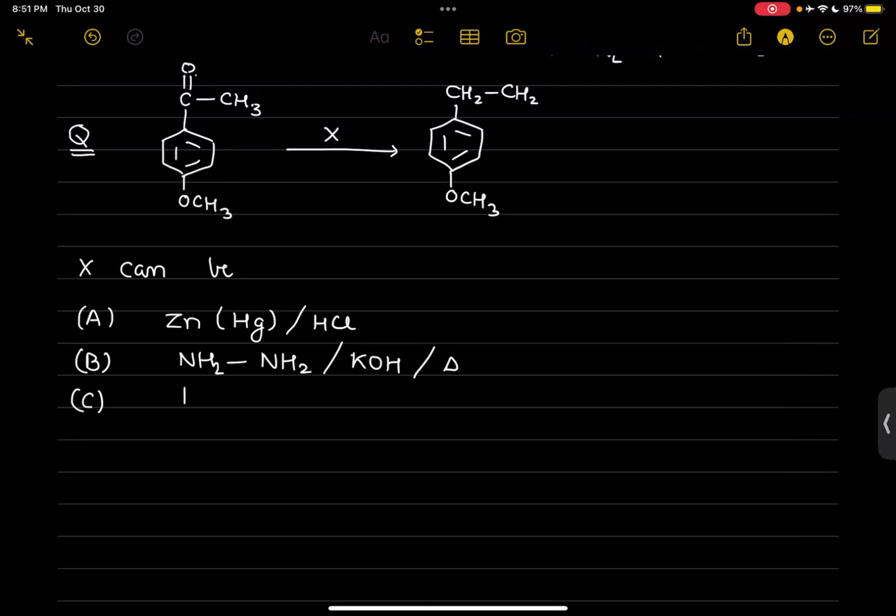It can be carried out with LiAlH4. Which option is correct?